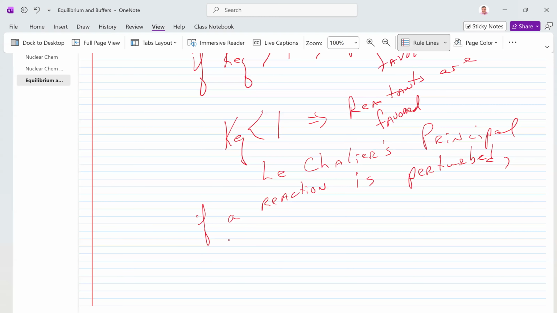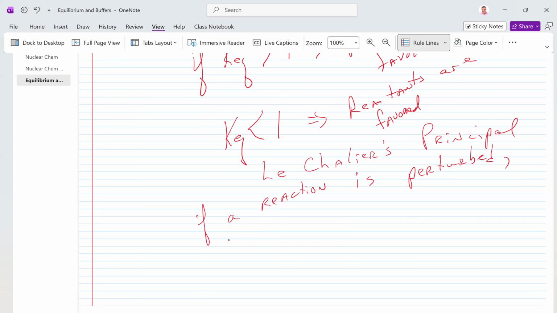Okay, if a reaction is perturbed, think of this as changed. Perturbation theory is very, you can take a whole dissertation on perturbation theory. It's pretty cool stuff.